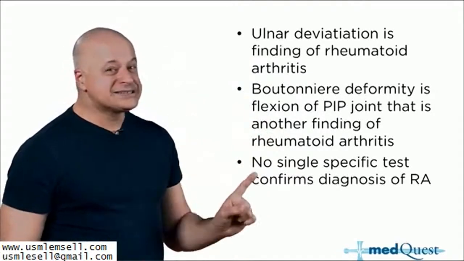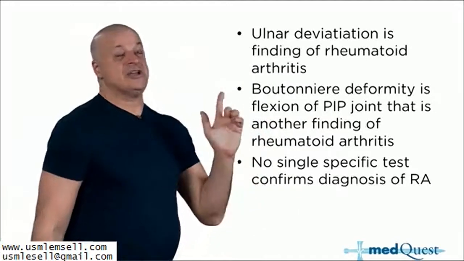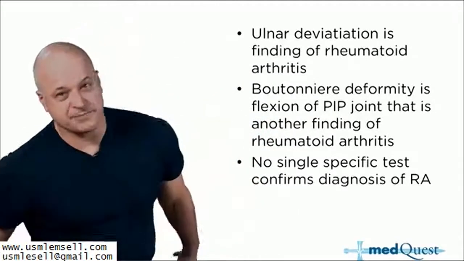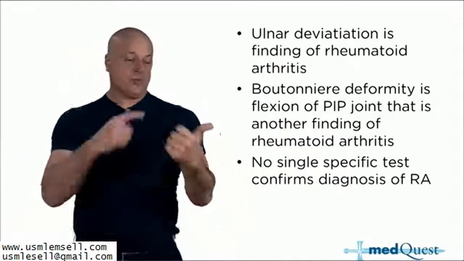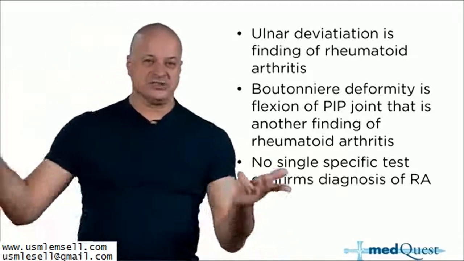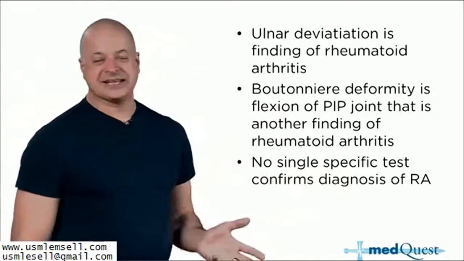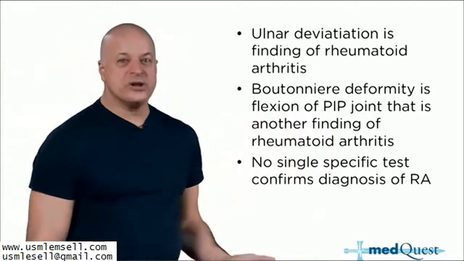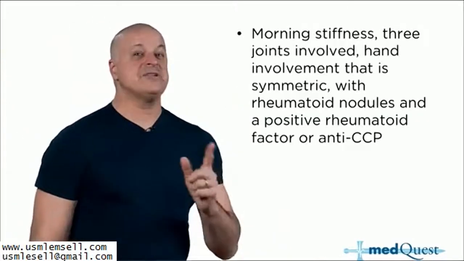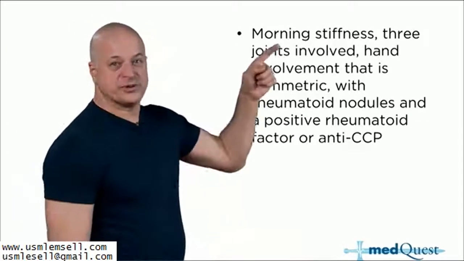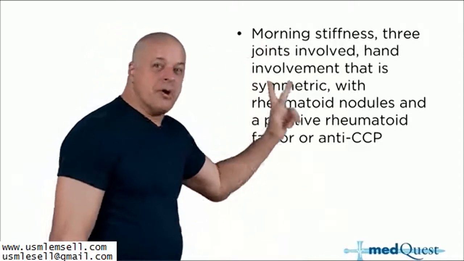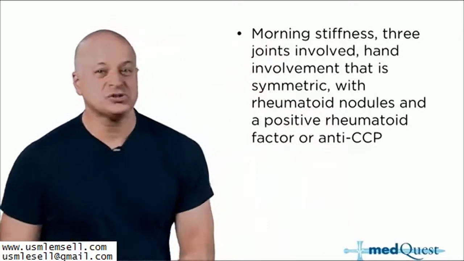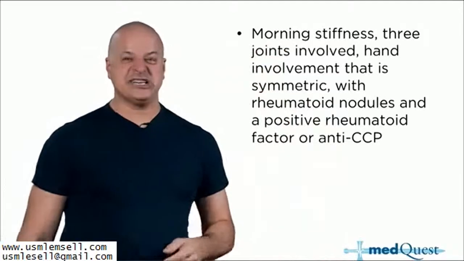It's not a single test that diagnoses it. In other words, if you had cyclic citrullinated peptide alone, without morning stiffness going on for months, it wouldn't be rheumatoid arthritis. To be rheumatoid arthritis, you have to have multiple things: morning stiffness, multiple joints. Nodules are not necessary, but they're suggestive.